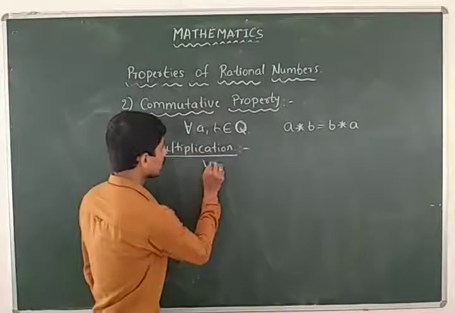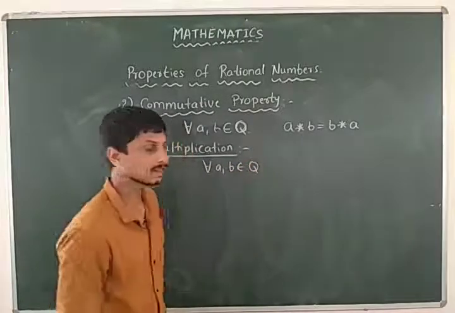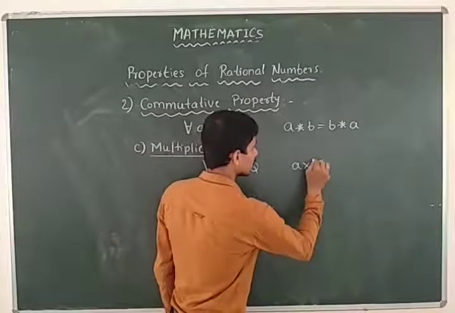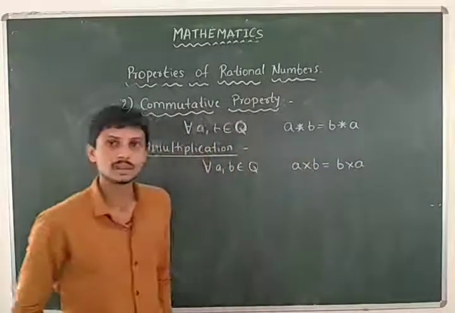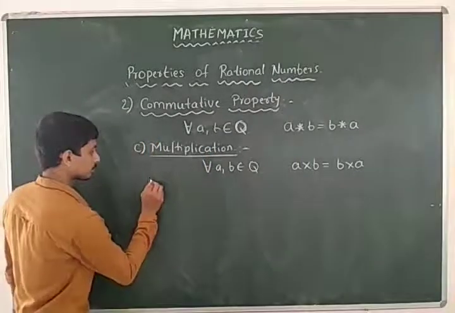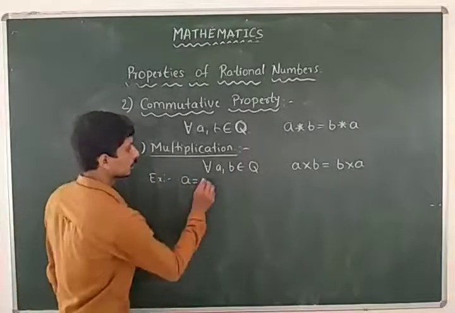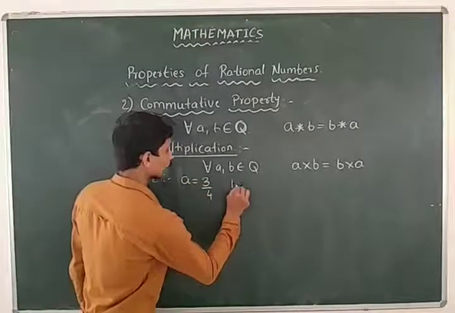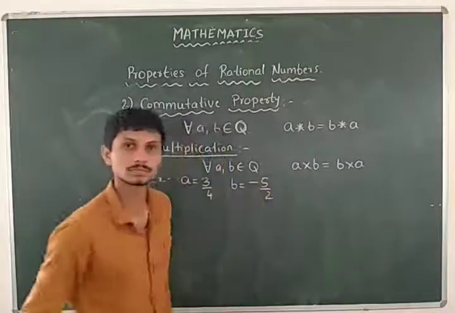So here we have taken two numbers, a and b belong to the rational number set, and a into b is equal to b into a. Let us check by taking examples. So I will take a is equal to 3 by 4, b is equal to minus 5 by 2.